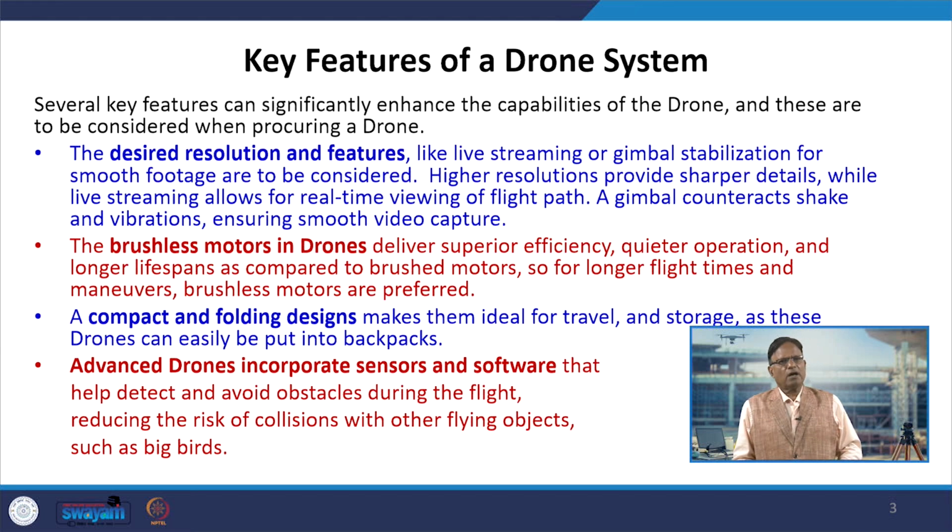Then there is software associated with it, and sensors associated with it. Many of the advanced drones incorporate sensors which help us in detection and avoidance of obstacles during the flight. So they reduce the risk of collision with other flying objects such as big birds.